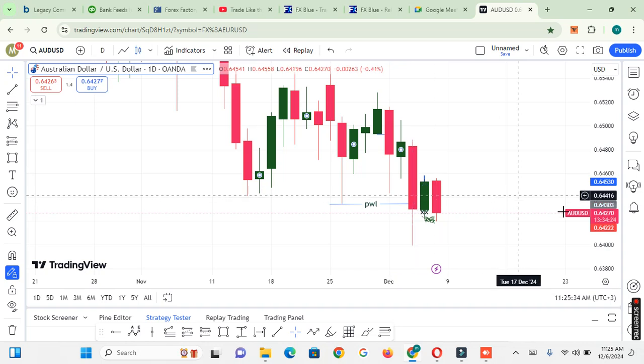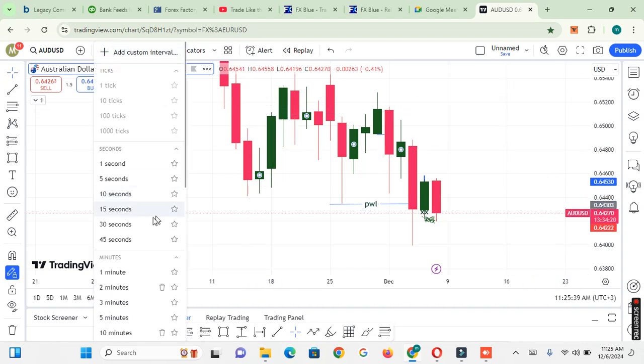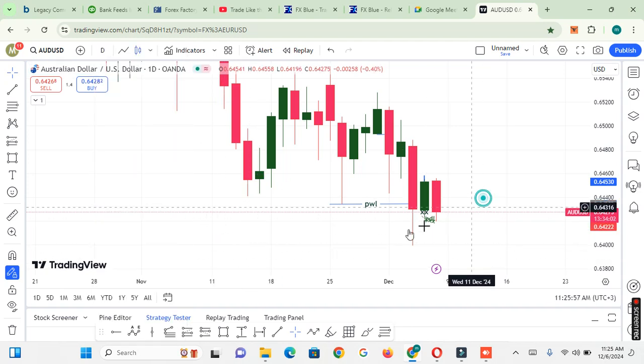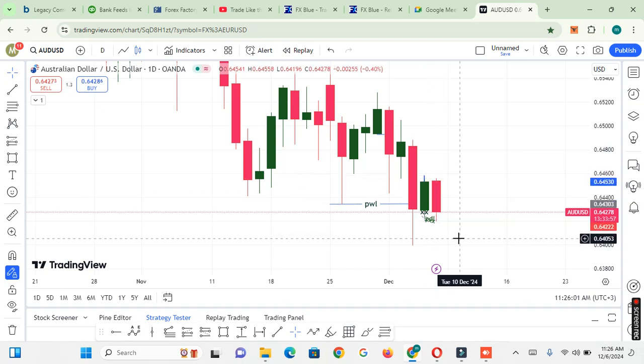But remember one thing, the news can manipulate price to your daily low. That is yesterday. Today is Friday. Having that in mind, you can see we bought, but we opened going down, and today it's NFP.